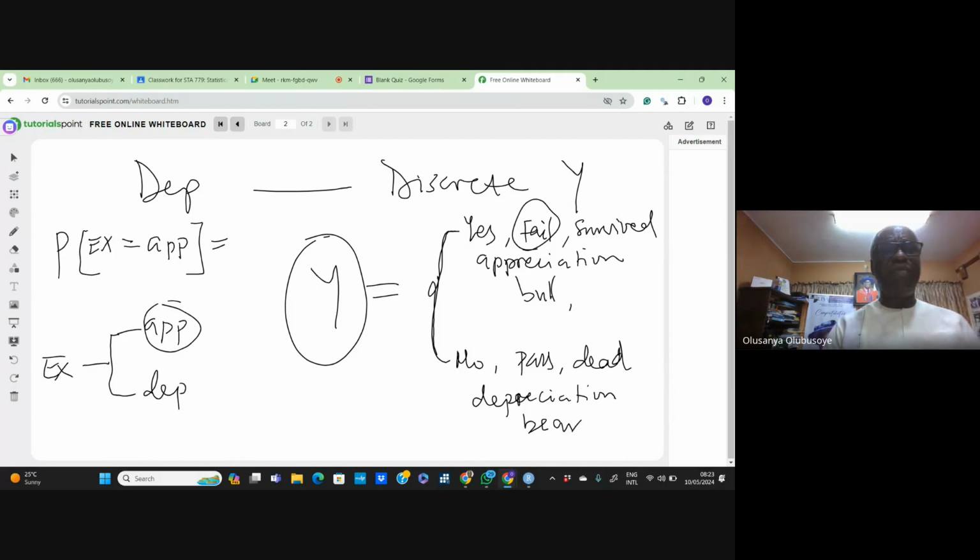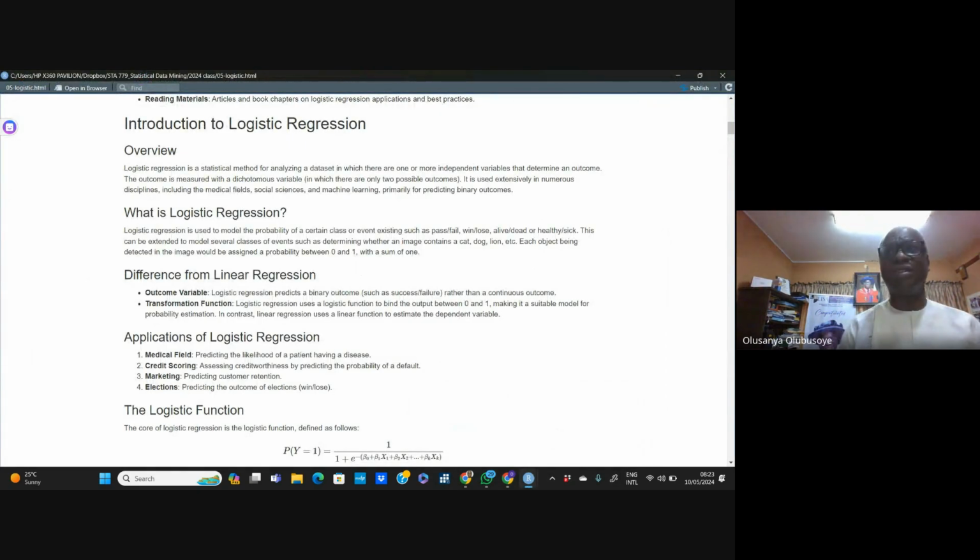The point being made here is that because you have two possible outcomes, the model is actually calculating the probability that an outcome will occur. That is one of the major advantages of logistic regression, unlike linear regression.